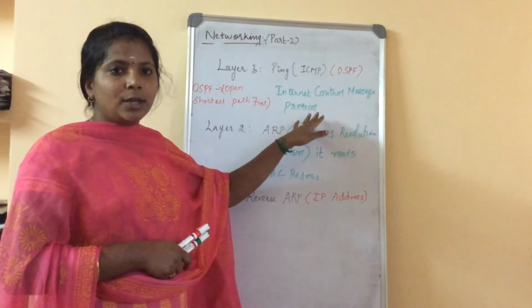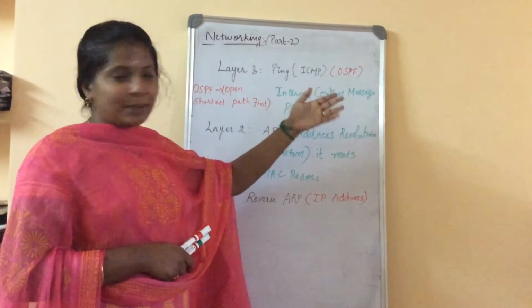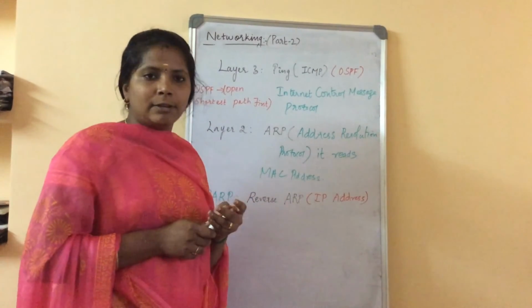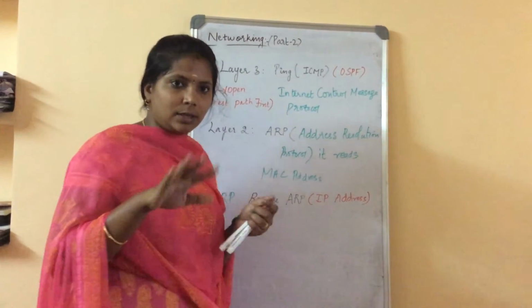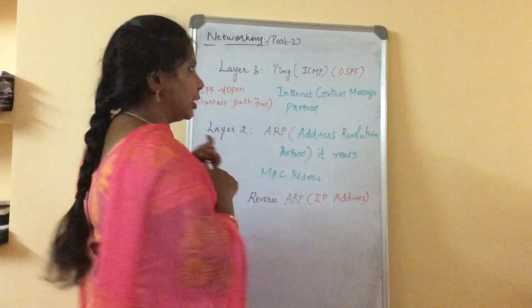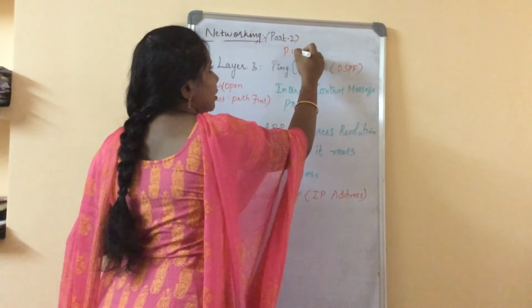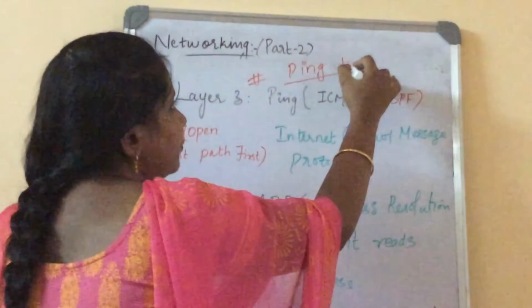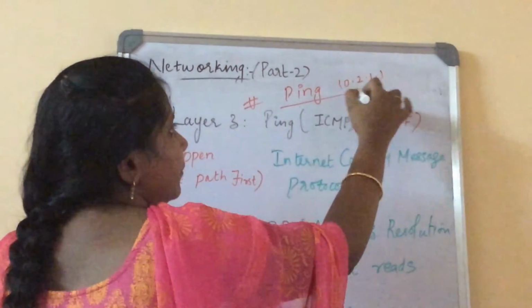In this protocol, what request will go? Nothing but ping request. If you work in a network company or on network devices, you will be giving ping of that particular IP. What will this command do? Ping of 10.2.1.1.